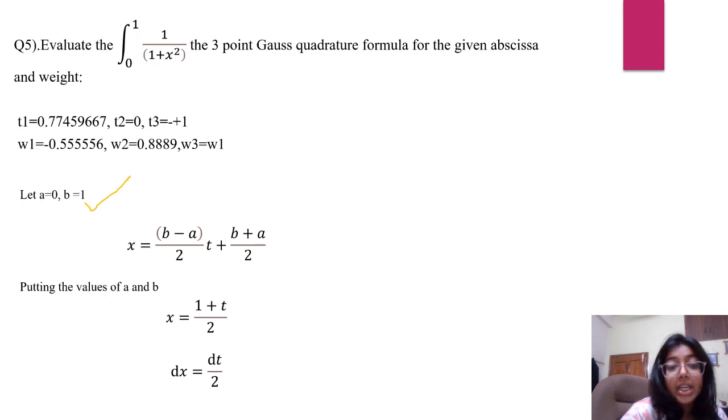We set the limit. Then x is equal to (b minus a) upon 2 into t plus (b plus a) upon 2. Putting the values of a and b, we get x is equal to (1 plus t) upon 2 and dx is equal to dt upon 2.